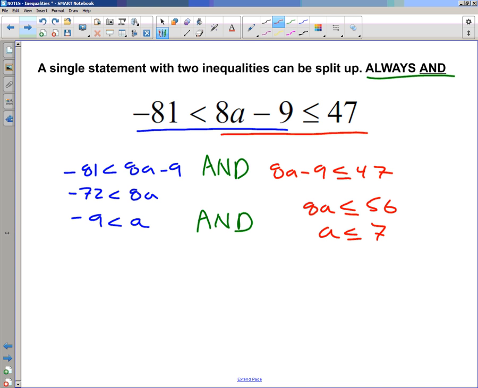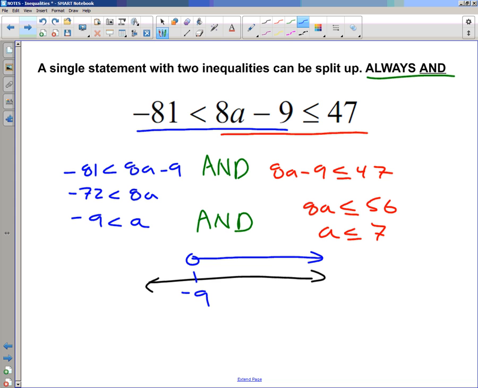We could go ahead and graph these and see what it looks like. You're going to see overlap usually with these. We've got A is bigger than negative 9. This one's kind of flipped around, so it's sometimes harder to read and figure out which way it should be going.